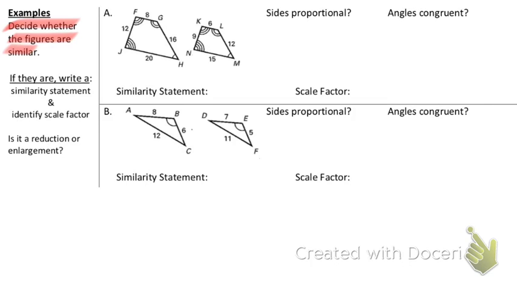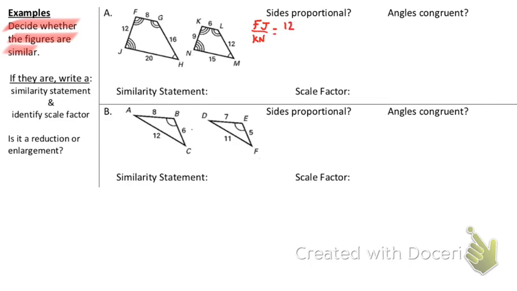Let's go and start with this guy, FJ, over, who's his matching side? And that's going to be KN. And then I'm going to put in the measurements.